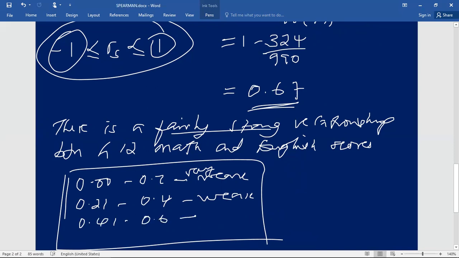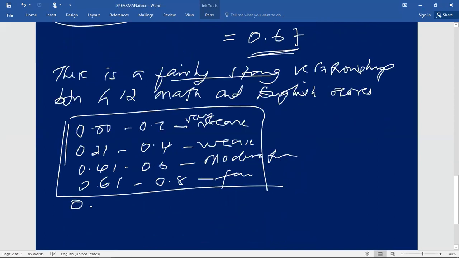This one is a moderate correlation. And then we have now 0.61 to 0.8. This is now fairly strong or strong correlation. And then the final one is from 0.81 to 1.0. So this one is a very strong relationship.